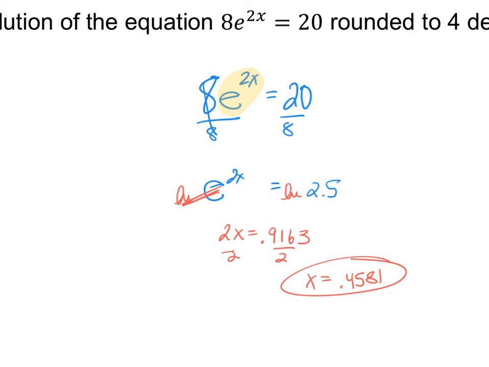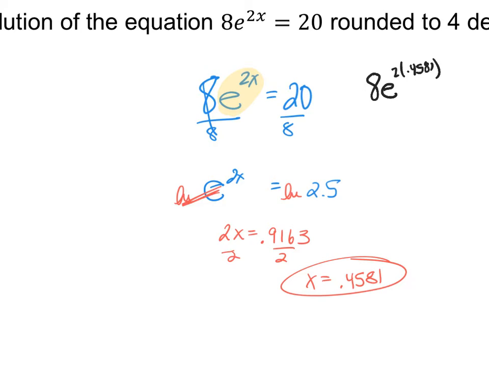Guys, when I come out with an answer that says x equals, what can I do with it to make sure that I'm right? You could plug it back in. You could, in your calculator, put e. So you would just, in your calculator, do exactly like this. Try it. Hit 8, e, and then the little exponent thing will come up. Make sure the 2 and the 0.4581 are in parentheses together.